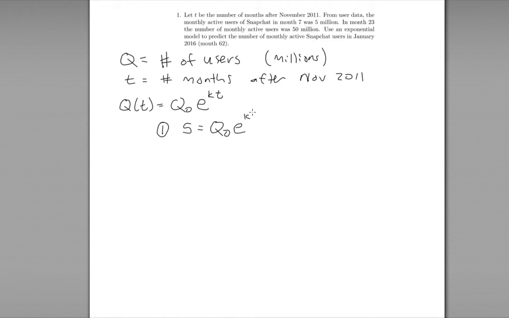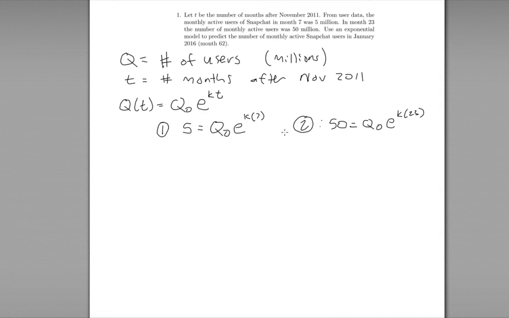Well, when t was equal to 7. So that's equation 1. Equation 2 is the same kind of idea. In equation 2, we have that there were 50 million users precisely when t was equal to 23. So these are how we use the two pieces of information about the users to build two equations out of an exponential model.